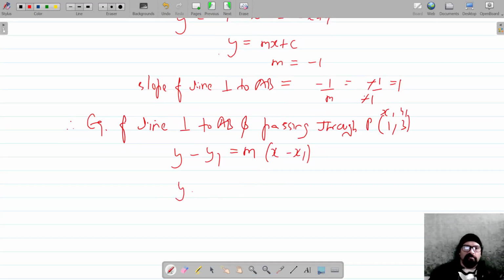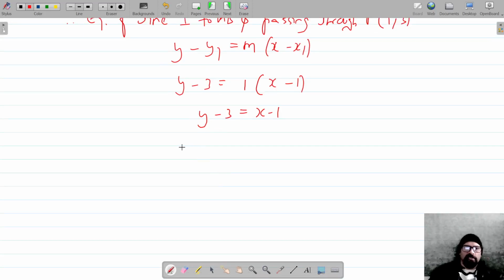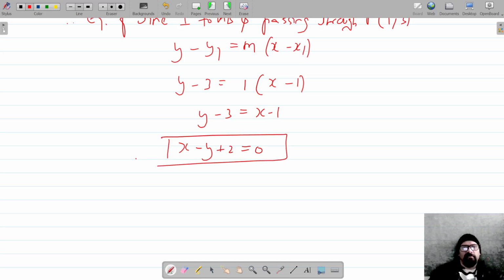So y minus 3 is equal to m, the slope is 1, into x minus 1, which gives me y minus 3 is equal to x minus 1. This can be written as x minus y plus 2 is equal to 0. So this is the equation of the line which is perpendicular to AB and passing through P.